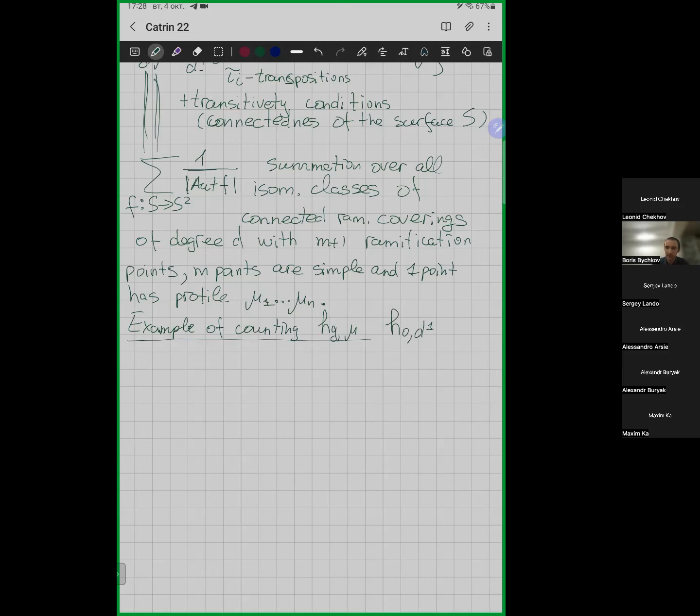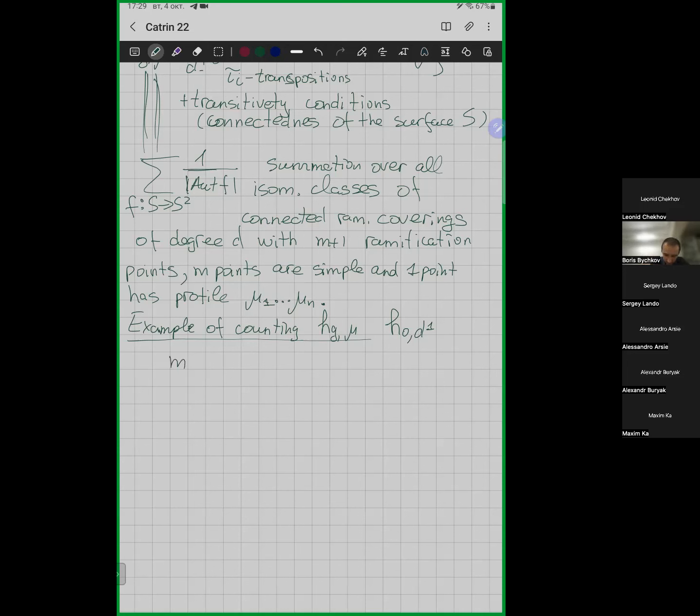So we have a genus 0 covering where this permutation has cyclic type d, so it's just a long cycle, and we are asking how many ways, using transpositions, to obtain the cycle of length d, and how many transpositions we have.